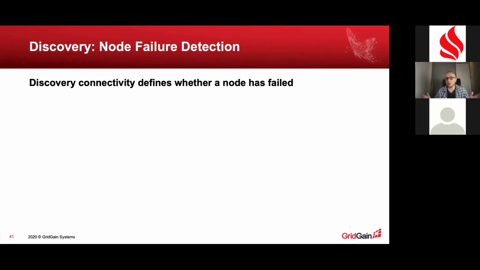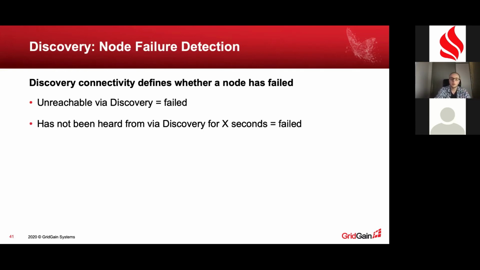So in Apache Ignite, the component that handles node failure detection is also the discovery protocol. Basically, in Apache Ignite, we say that discovery connectivity is what defines node failure. Unreachable via discovery means you're a failed node.